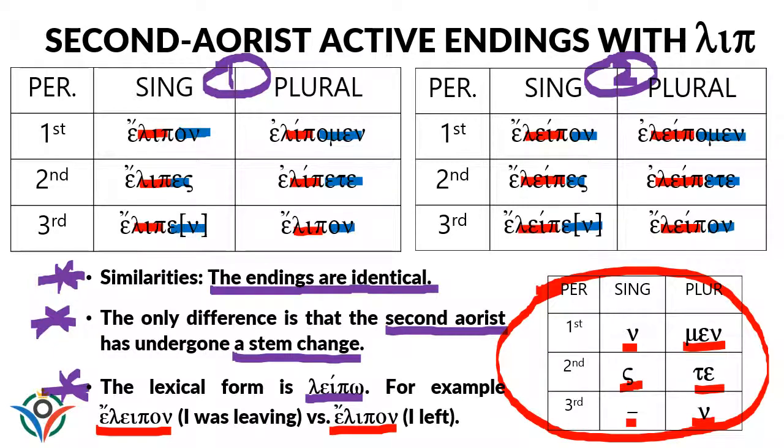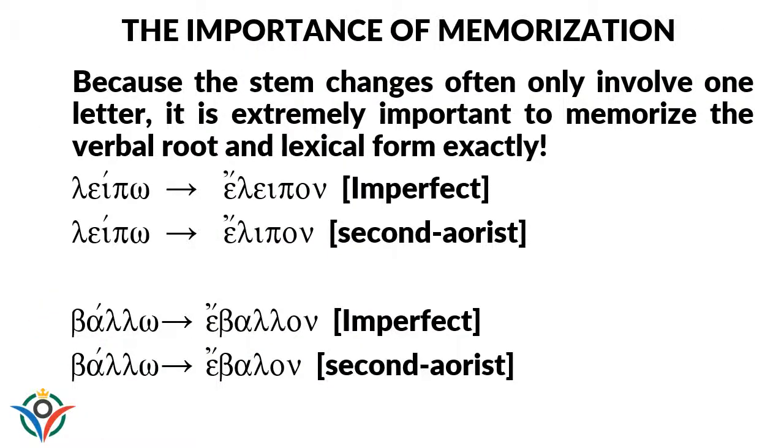I hope this shows you the importance of knowing the lexical forms of the verbs, so that if a stem change has taken place, you would be able to recognize it. I just want to reinforce the importance of memorization. Because the stem changes often only involve one letter, it is extremely important to memorize the verbal root and lexical form exactly.